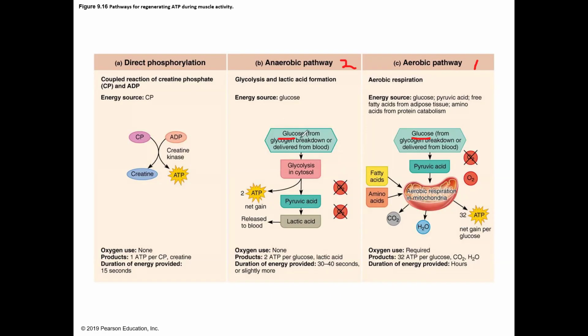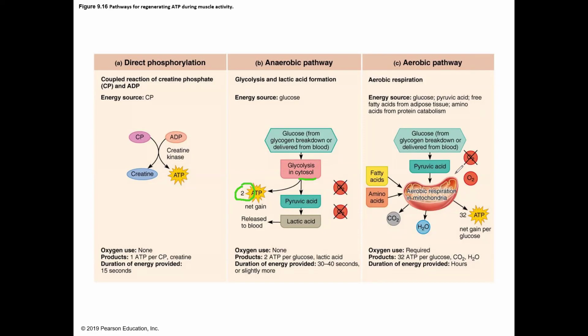Converting the glucose into what's called pyruvic acid happens in the cytosol of the cell, and the process of converting glucose into pyruvic acid is called glycolysis. So again, converting glucose to pyruvic acid happens in the cell cytosol, and it's called glycolysis. And you make a little bit of ATP. Here it says you made a net gain of 2 ATPs.